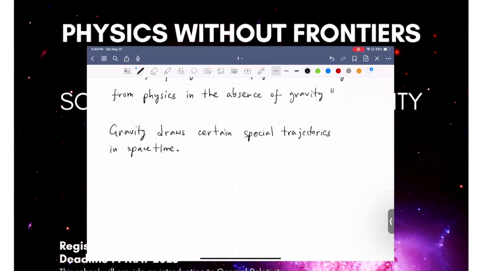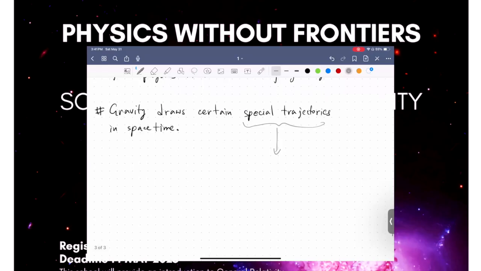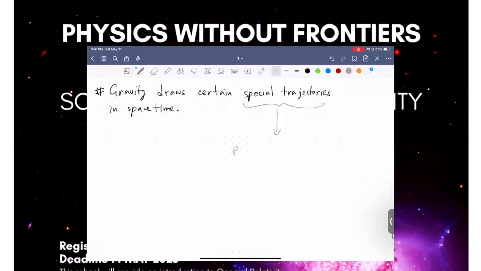Okay. So this is an important lesson. And so what are these special trajectories? These are the paths you take when you are falling.